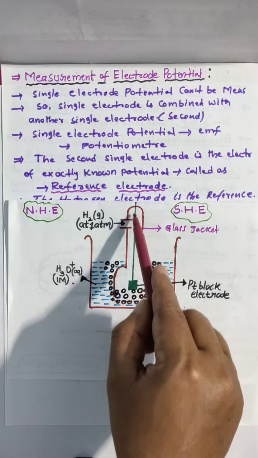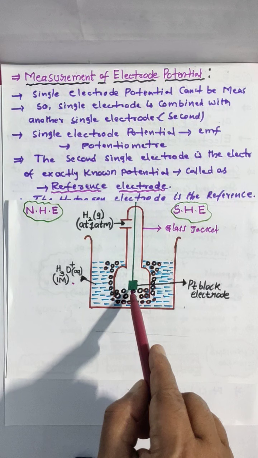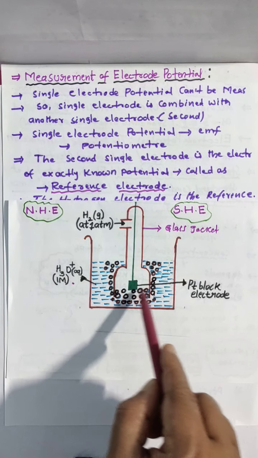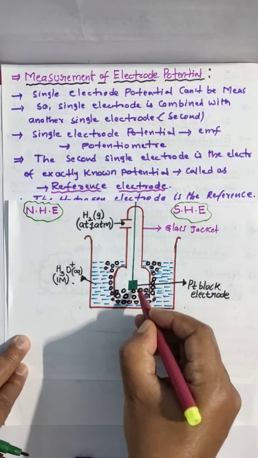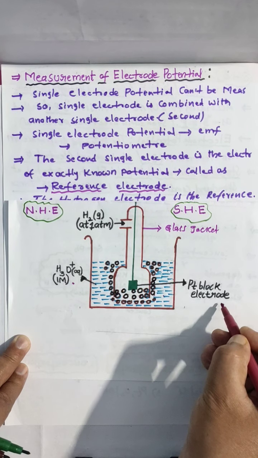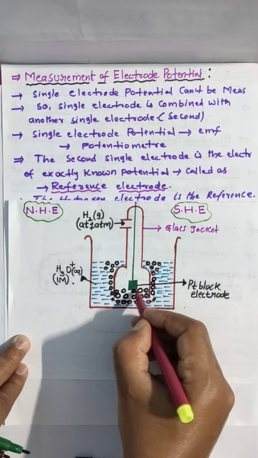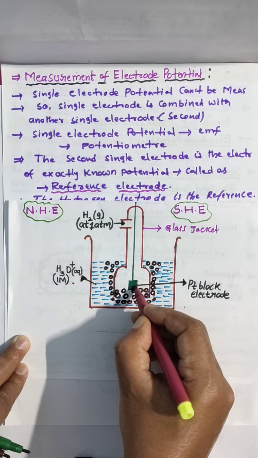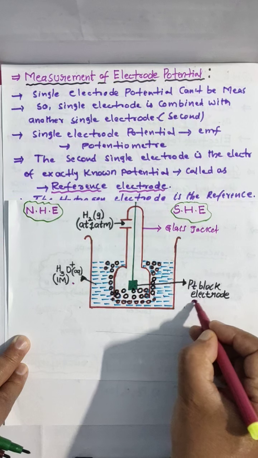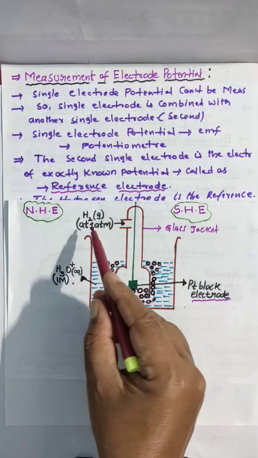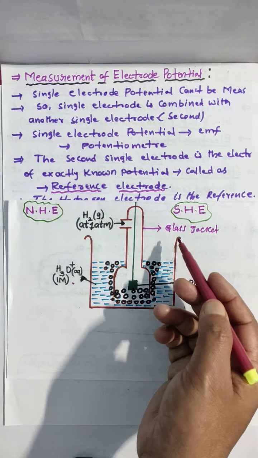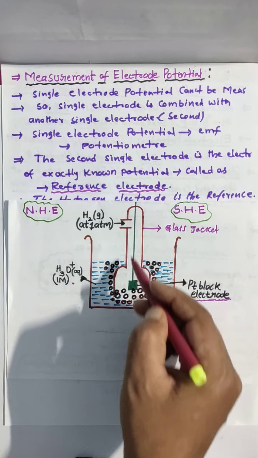And a platinum wire with platinum black is introduced into it. Here we have platinum black; a platinum foil we are using here. This acts as an electrode. Why? Because here we are using hydrogen gas, and hydrogen gas can't act as an electrode. That's why we use a platinum wire.